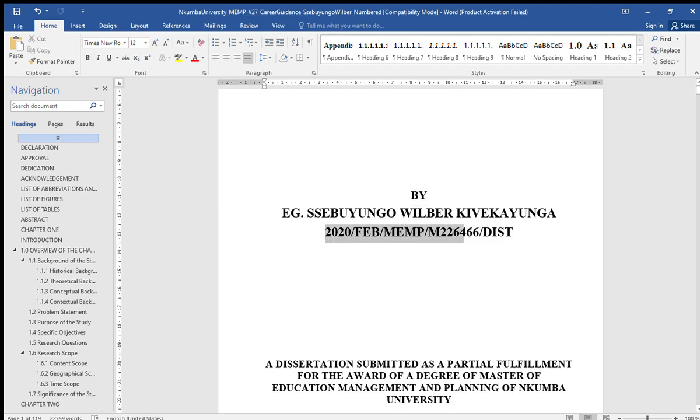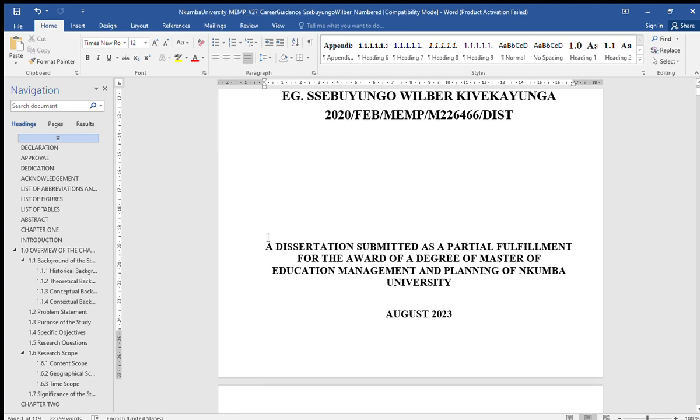This is an index number, so that at the point where we are going to examine your proposal, the one examining may not need to look at the name, so that name can be removed and the index number remains, so that it is still identifiable even when the name has been scrapped off the proposal.